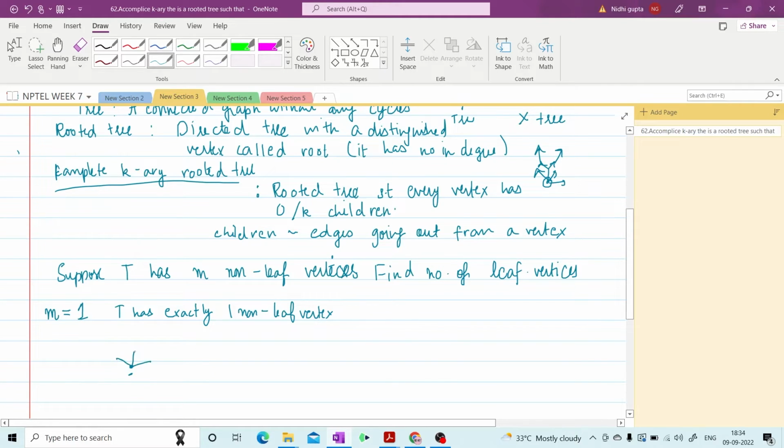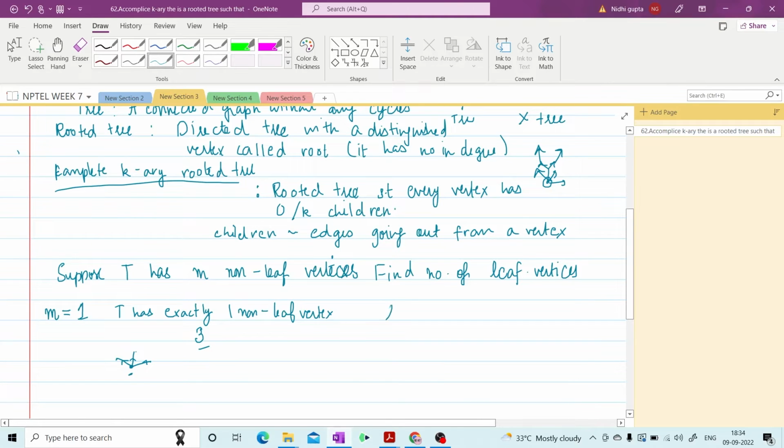Now none of the new vertices that we have can have any children, because if any of these vertices had children, it would also become a non-leaf vertex. But we want T to have exactly one non-leaf vertex, so this is the only possibility. So for m equal to 1, the number of leaves comes out to be 3.